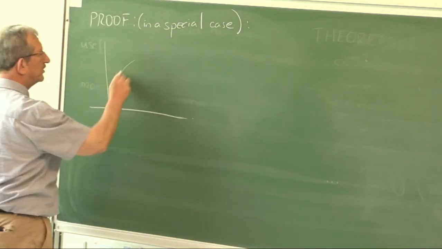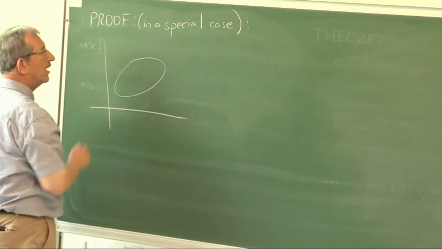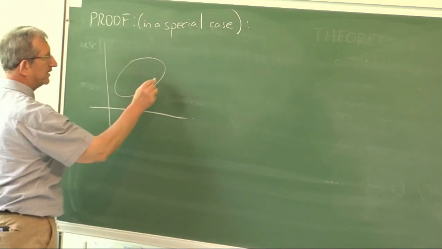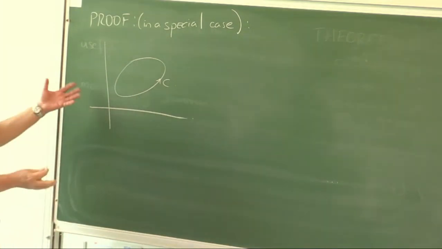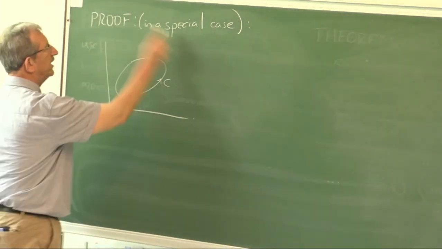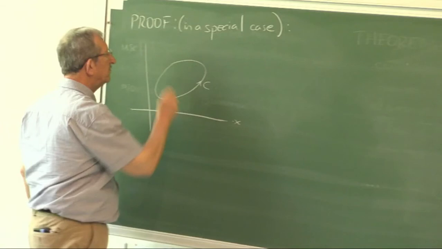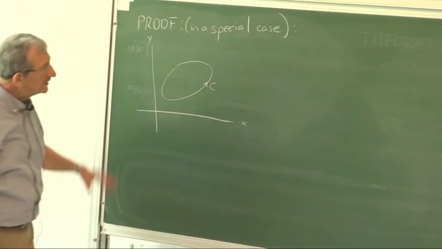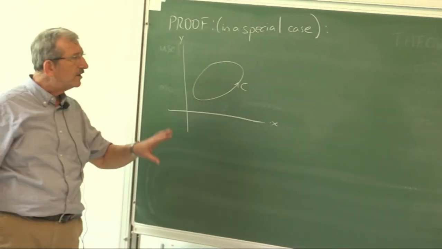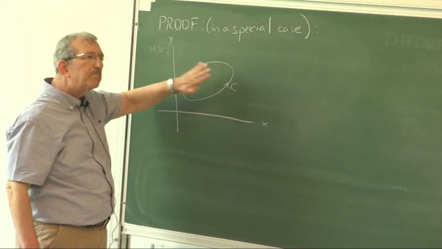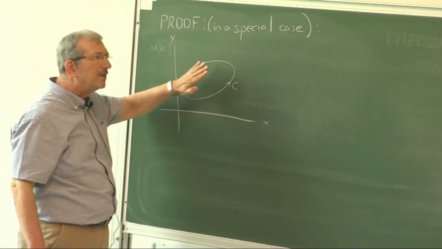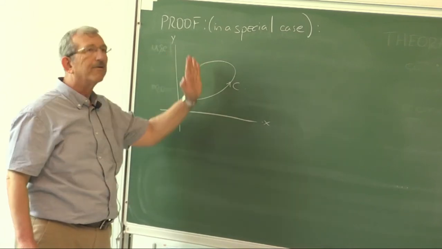We will consider a region which is, well, this is C, of course. It's a closed curve. Everything is in D. I will not write that. But C has the following specialty. The region it contains is a simple region for a double integral in both directions.